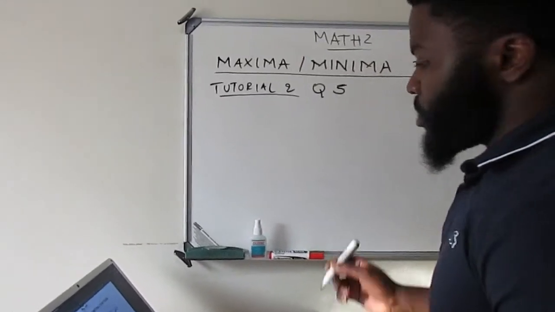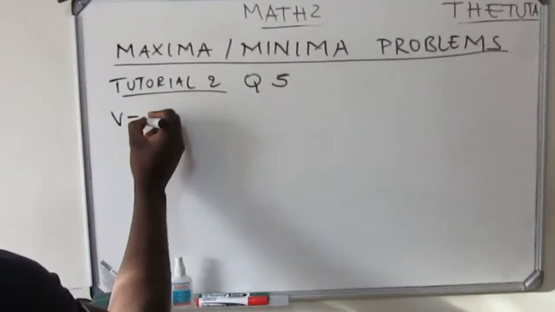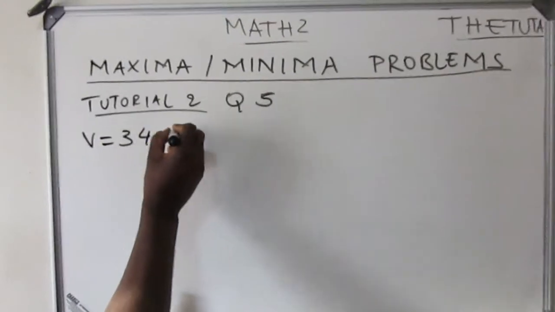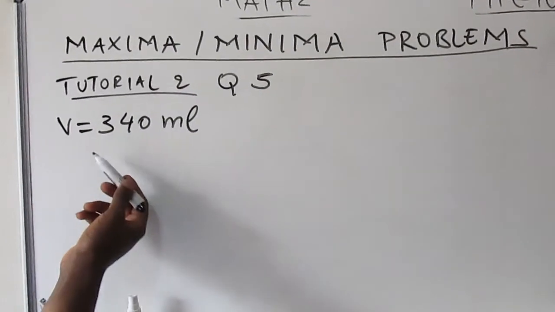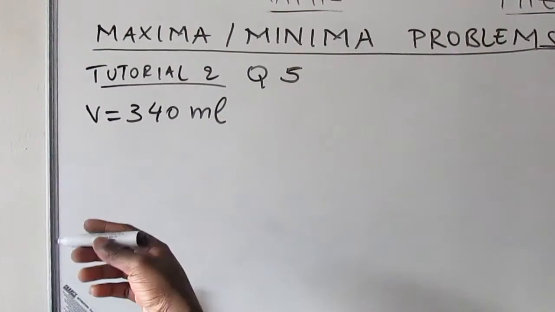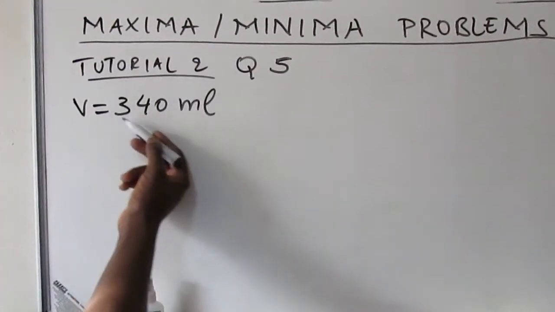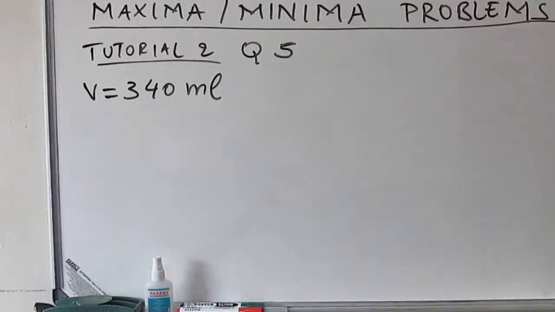Guys, you are given a volume which is 340 milliliters. Remember, they ask us to find the radius. We cannot find the radius in milliliters or in liters. So you need to convert this into millimeters or meters, okay?